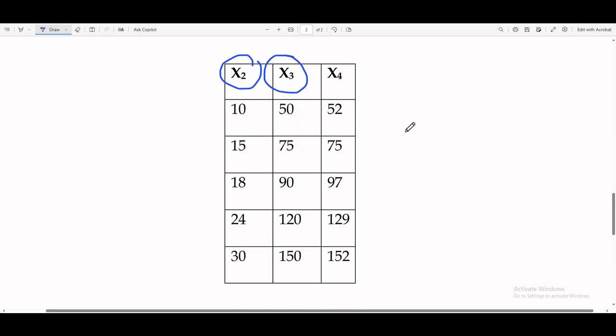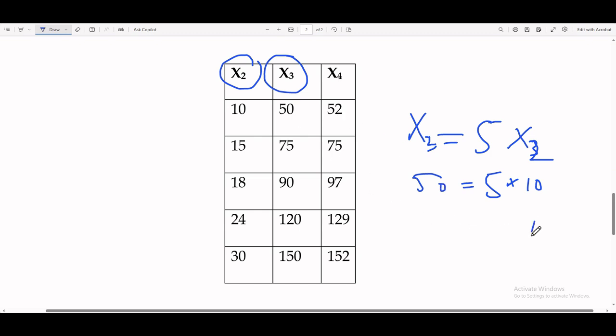Look here, x3 is equal to 5 x2. Say the first x2 is 10; x3 is equal to 5x2, meaning 5 multiplied by x2, so 10 times 5 is equal to 50, which is the value of the first x3.